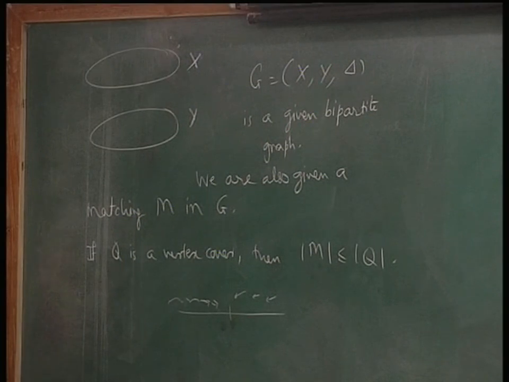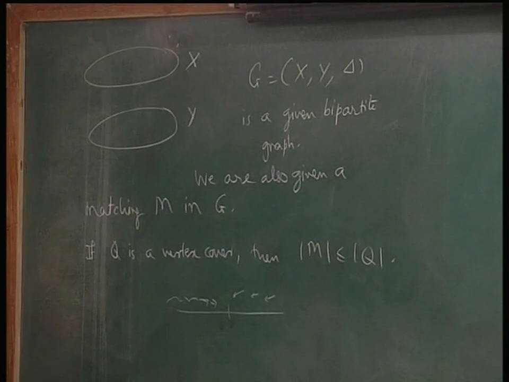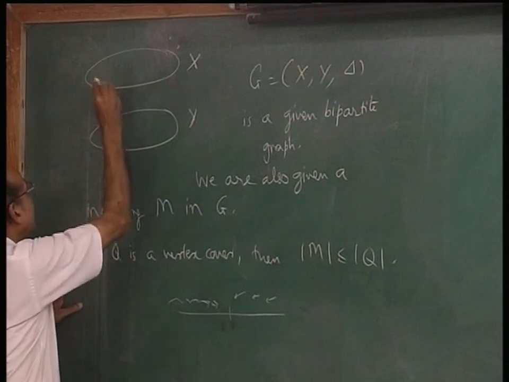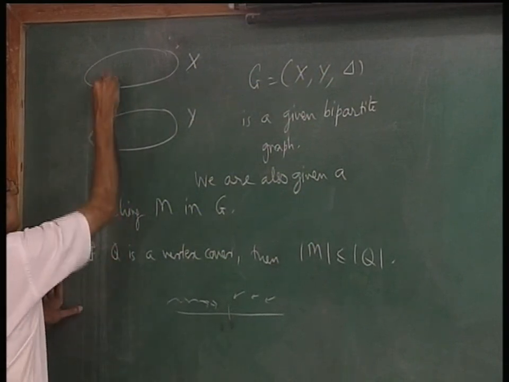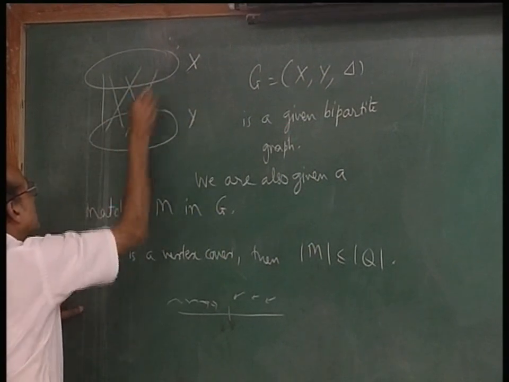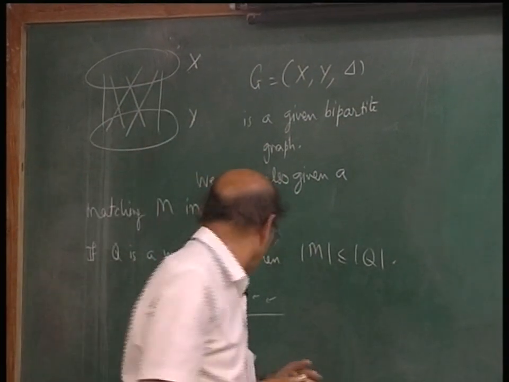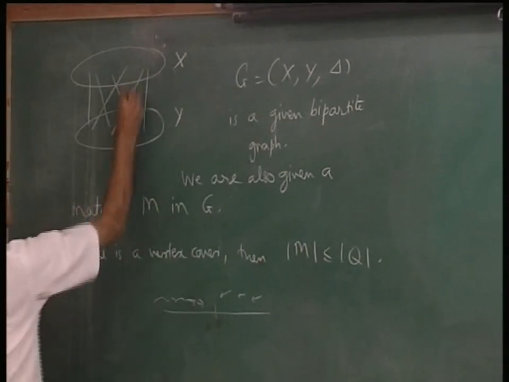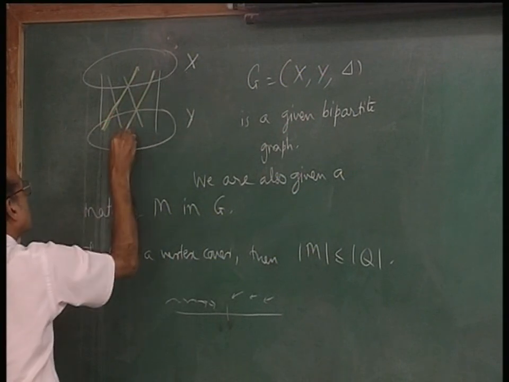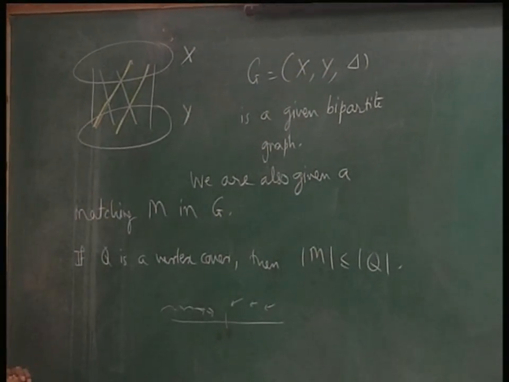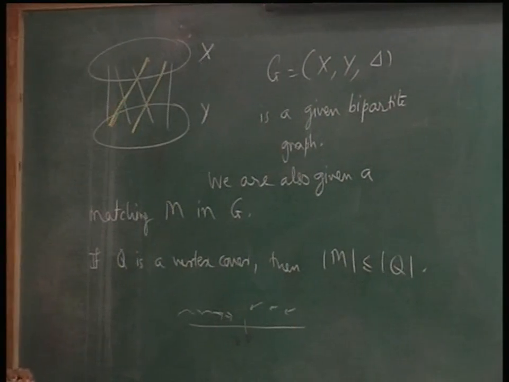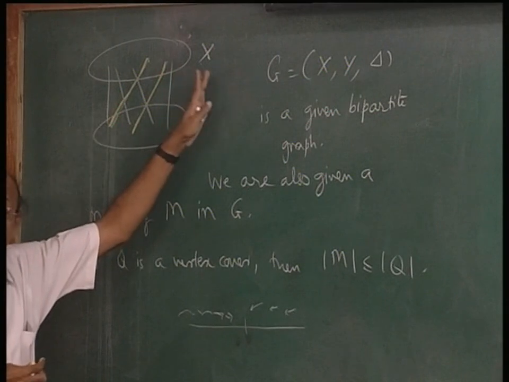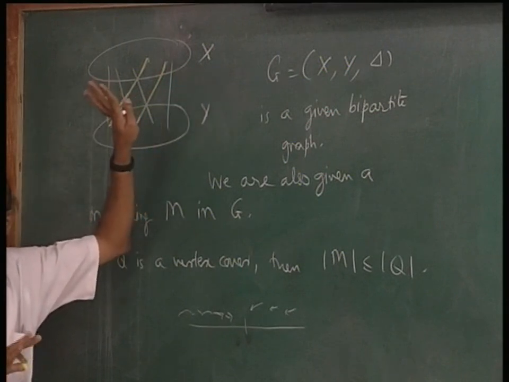Procedural part, what the algorithm tries to do is something like this. I'm given to start with some edges that are in the matching and some edges that are not in the matching. I first try to see if every vertex in X is saturated. If every vertex in X is saturated, then that matching clearly is a maximum matching.